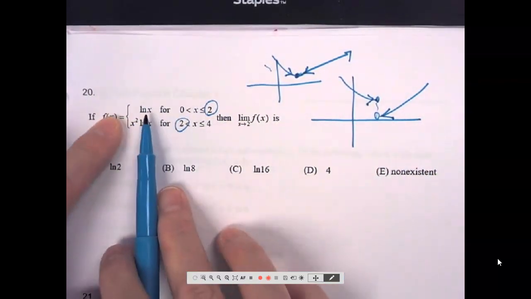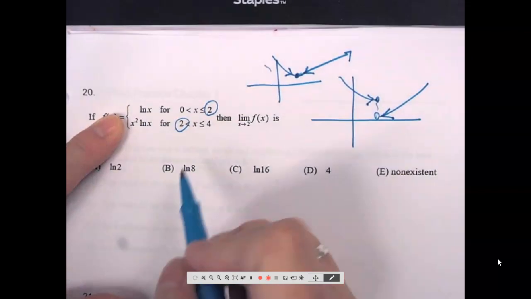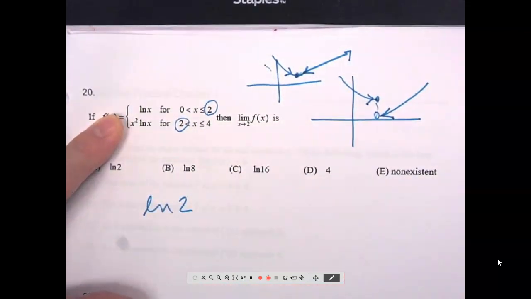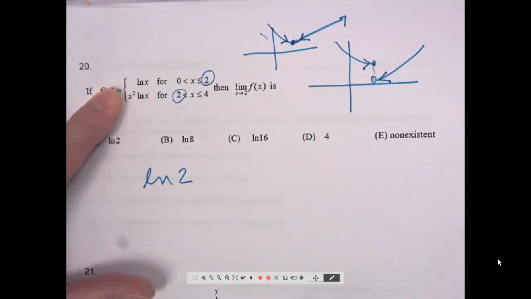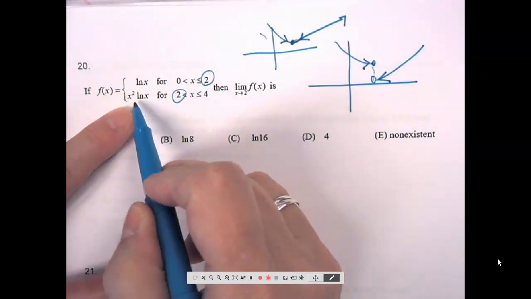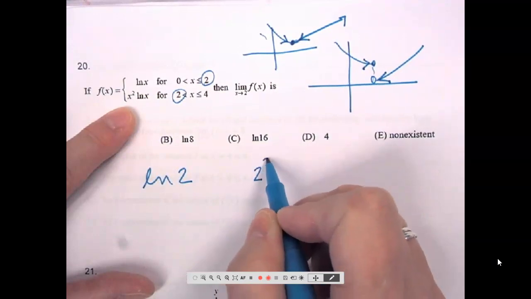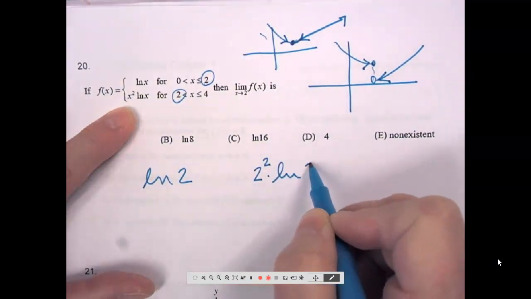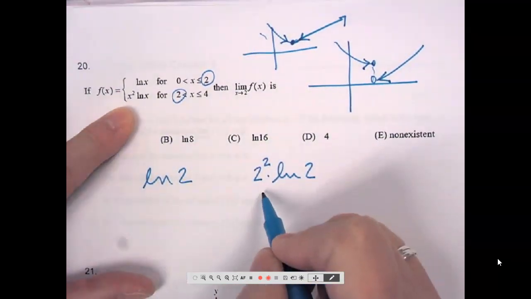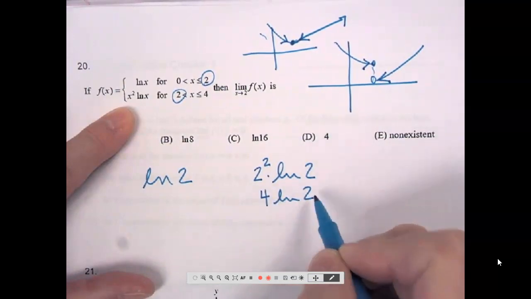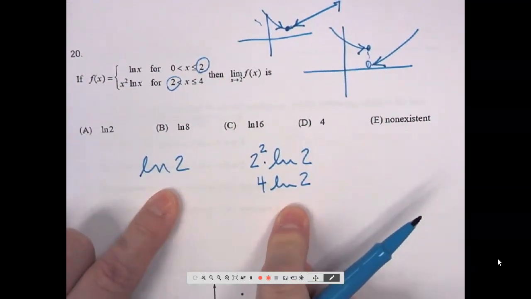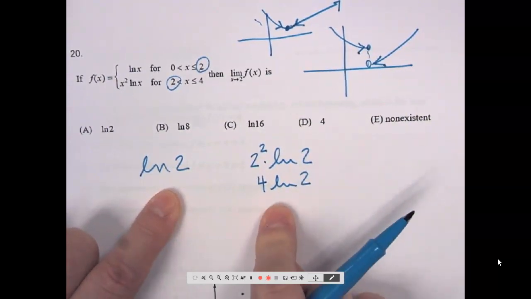If I plug 2 into this top function, well, that's natural log of 2. I don't even need to know what that equals. If I plug 2 into the bottom one, I have 2 squared natural log of 2, which is 4 natural log of 2. Are those the same? No, this one's 4 times larger.